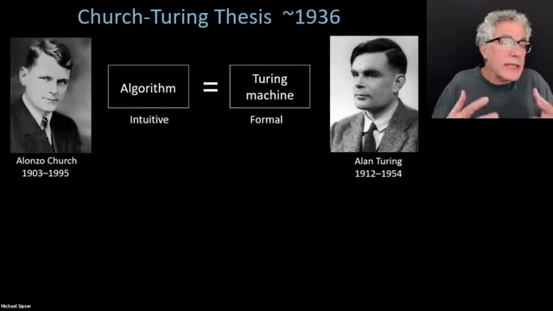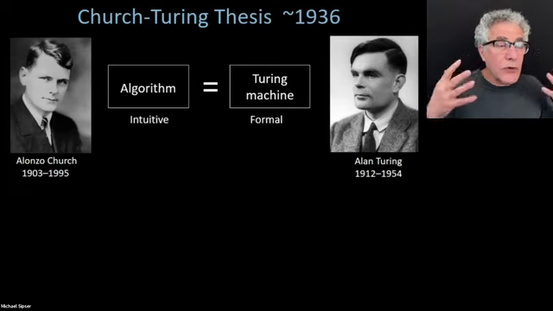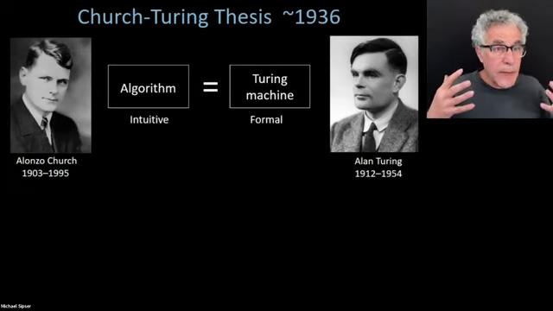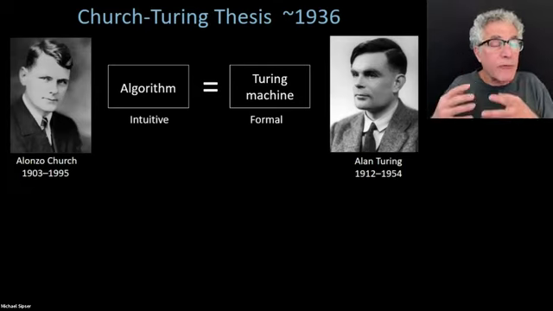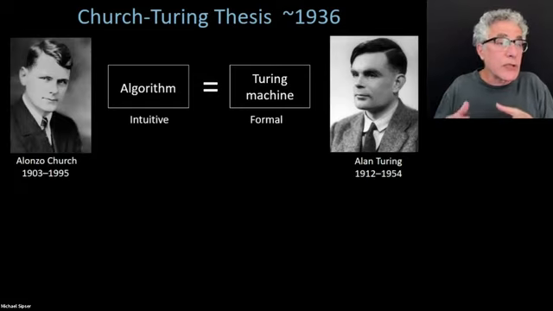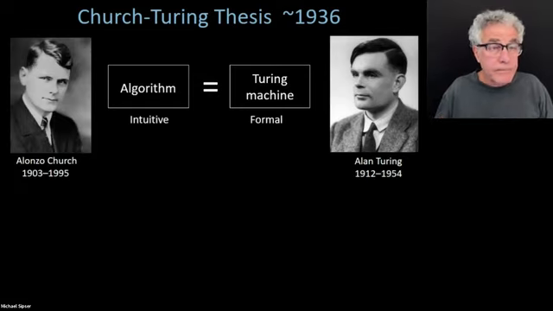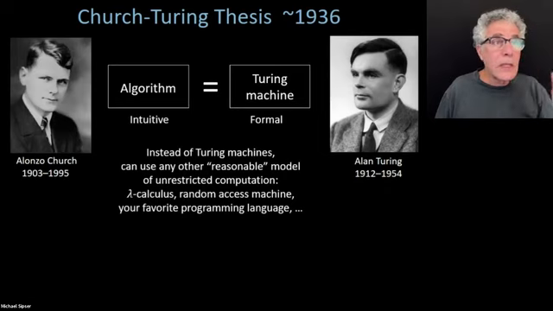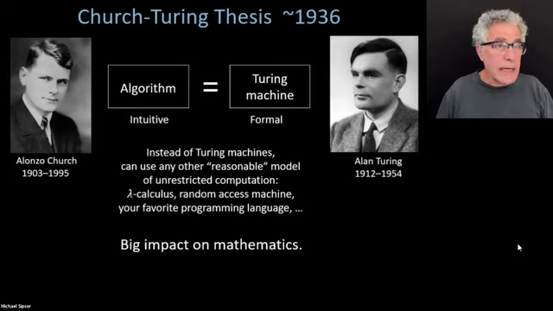And that's what they took. You can't prove that because algorithms are an intuitive notion. But the fact that we're able to capture that in a formal way is what we call today the Church-Turing thesis. Any of these methods capture the notion of algorithm as we described. And that has had a big impact on mathematics.